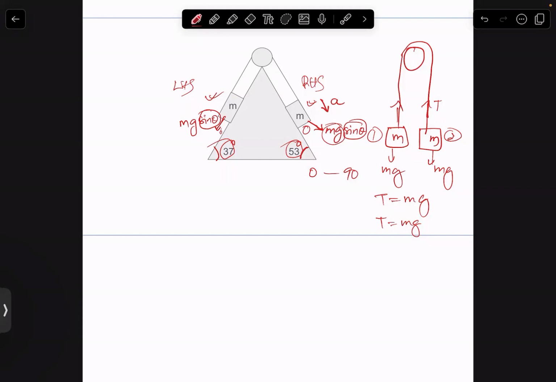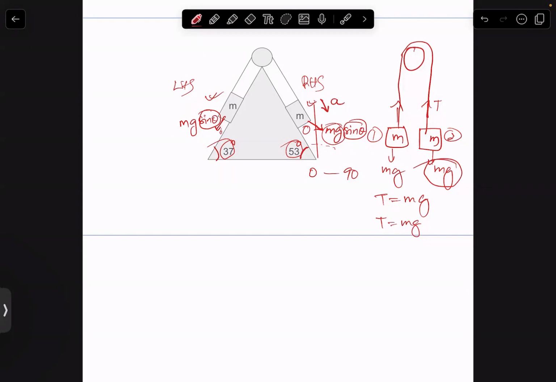With a similar equation, what will happen? This angle is going to increase until it is 90 degrees. At 90 degrees, sine theta will be sine 90, which is equal to 1. So that is what will give you mg over here, right?